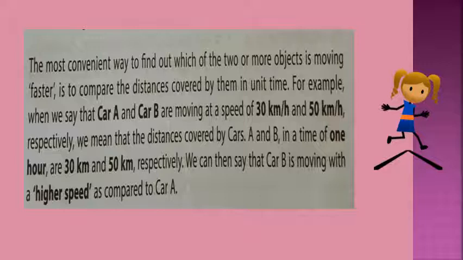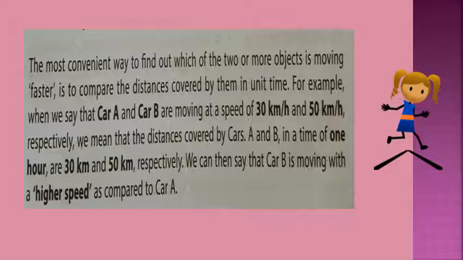For example, when we say that car A and car B are moving at speeds of 30 km per hour and 50 km per hour respectively, we mean that the distances covered by cars A and B in 1 hour are 30 km and 50 km.